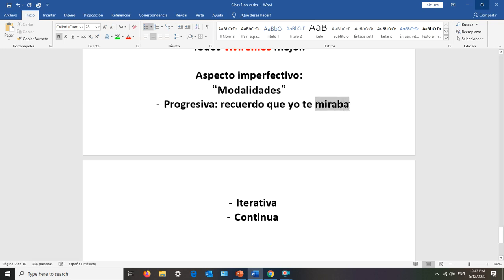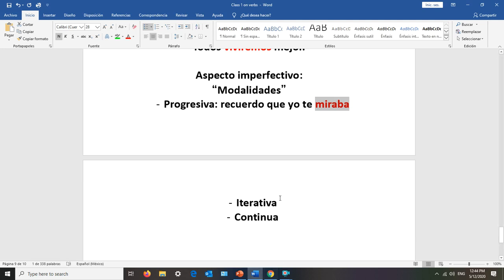Miraba here, an example in which you have an imperfective form in terms of aspect, but in terms of its modalidad, its specification of its aspectual meaning, this modalidad being progresiva in that it focuses on the situation as it unfolds, as it happens.